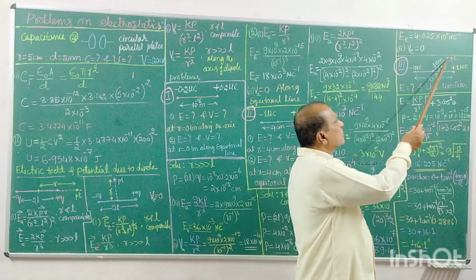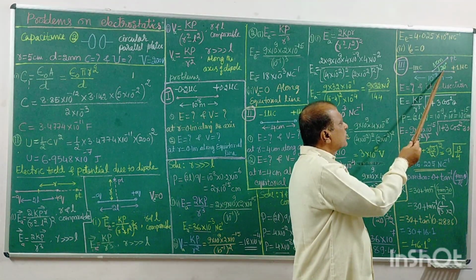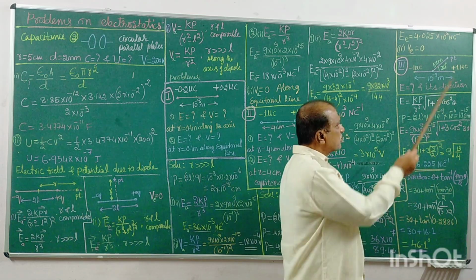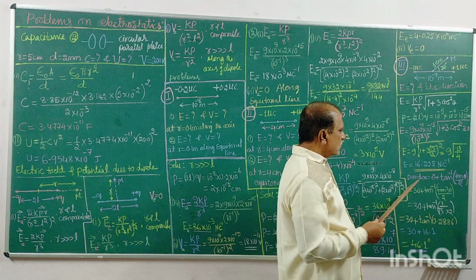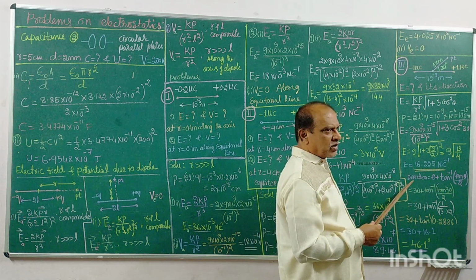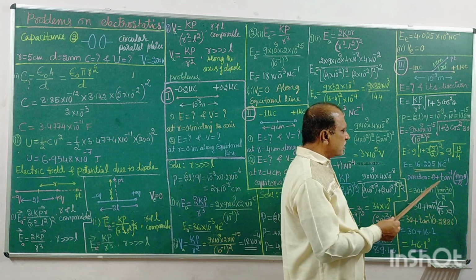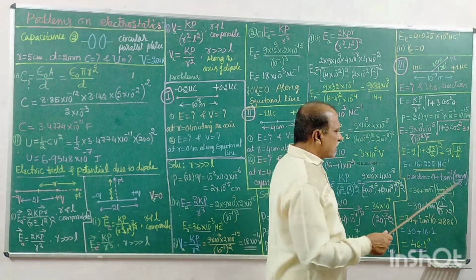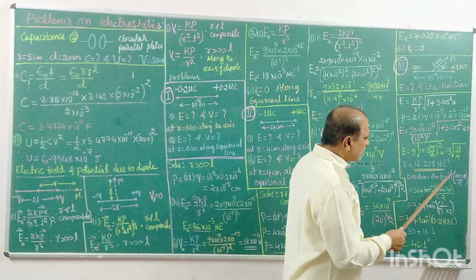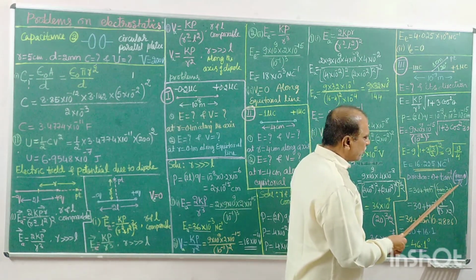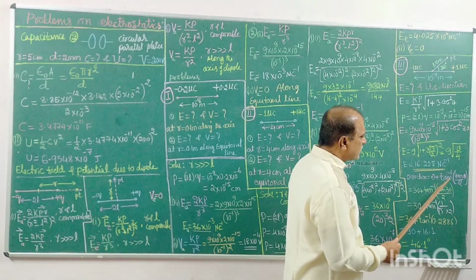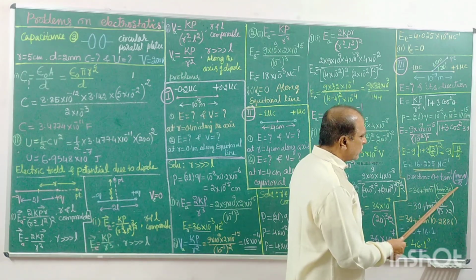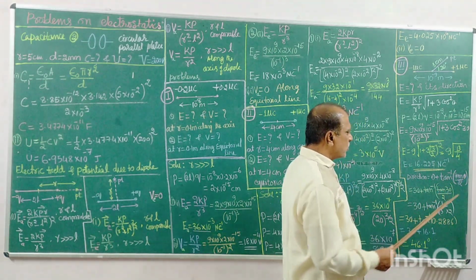Finally, what is the direction of the electric field with respect to this line? It is not the same direction, 30 degree. For the direction, again we have the formula: theta plus tan inverse of tan theta by 2. Substitute, theta is known.